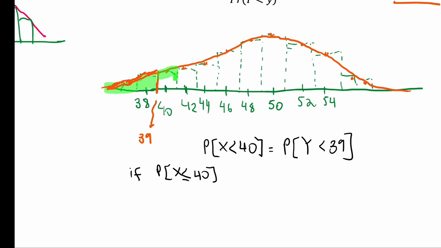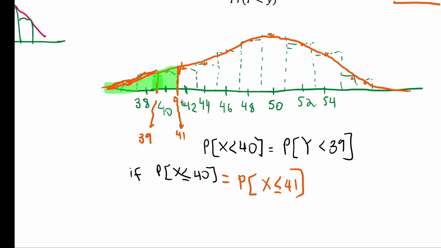So you would want this bin here too, okay? And then your area would come here. So it would be 41. So in this case, the probability would be less than 41.